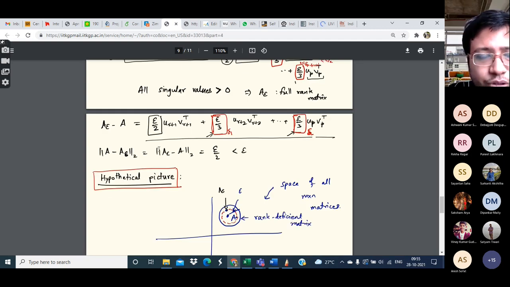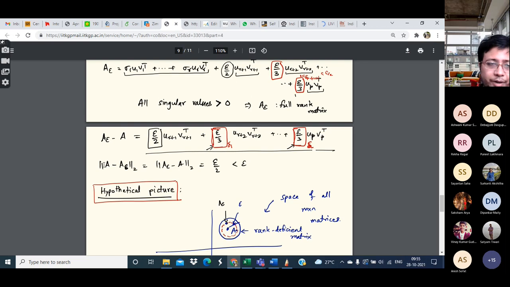Now, following this, if I consider the operator norm of A minus A_epsilon, where A is the original matrix and A_epsilon is the matrix that we have constructed, then by the result we had proved earlier, the operator norm of any matrix is the first, or the largest, singular value of that matrix.